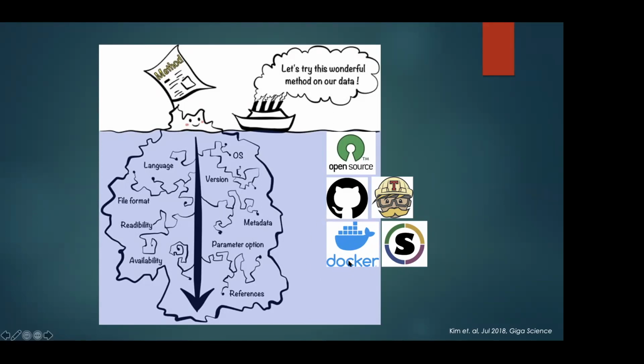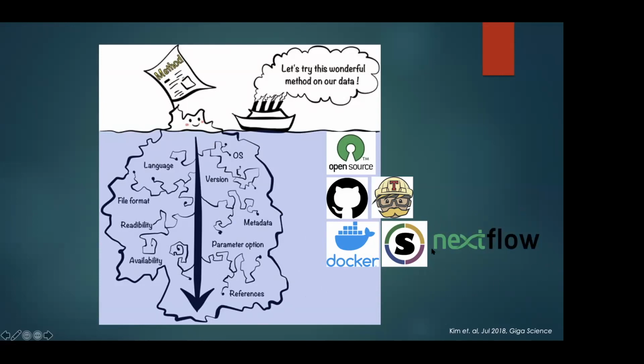You have the actual recipe of that operating system and machine, and all the languages, all the versions, all the metadata, all the parameters you can deploy inside of a container to reproduce what you did before. And Nextflow is using Singularity and Docker to create pipelines.